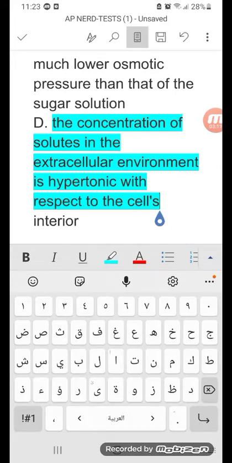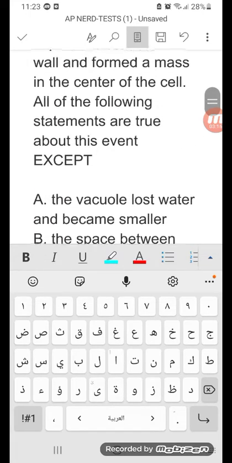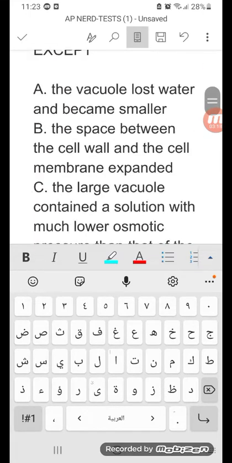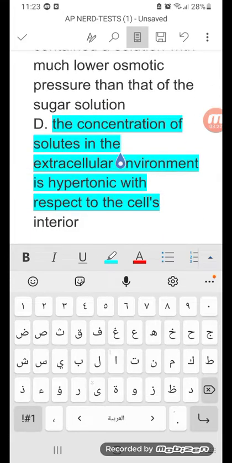So this is the answer. Remember that they ask about the except, which means this is the one, the D, because it's not hypotonic. The water outside is hypotonic because it has so much sugar outside. So much sugar outside means less water, which means hypotonic. They said hypotonic, and this is the exception.